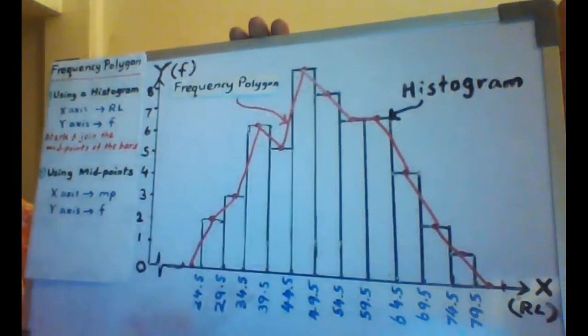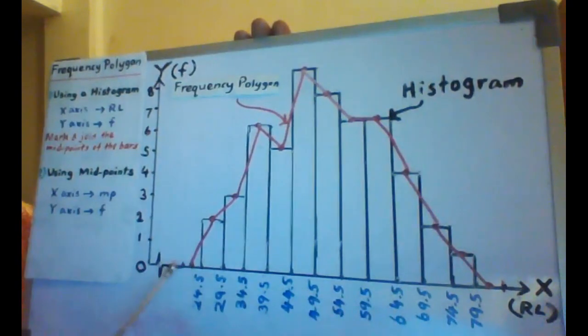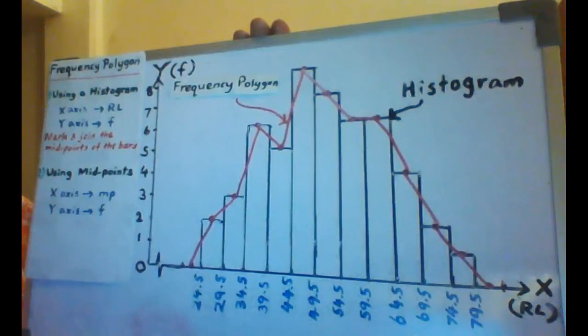And the most important thing, you have to mark the midpoint of the adjoining class, in that extra class, and join it here. And here also you have to mark the midpoint and join. That's why we left one extra class at these two corners. Okay, that's the frequency polygon.